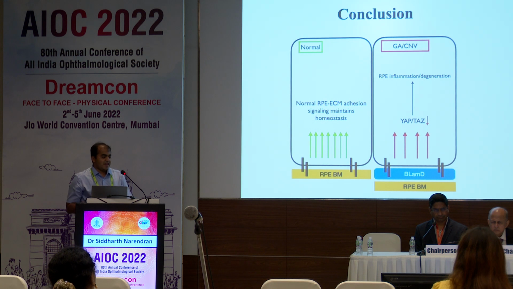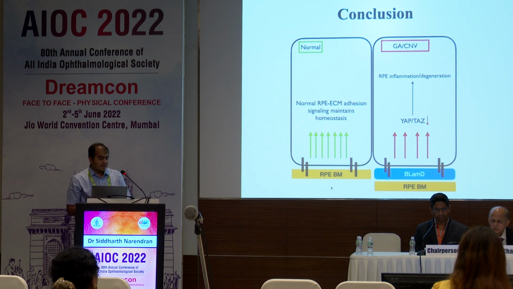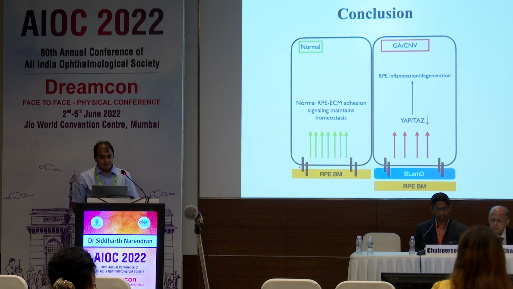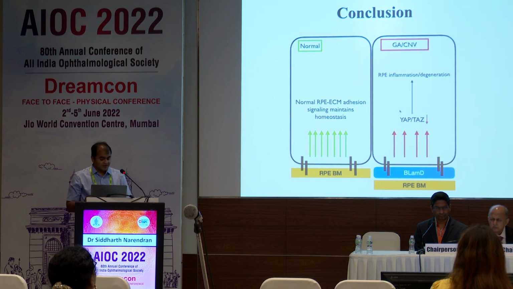So by using a gamut of in vitro and in vivo systems, we find that normal RPE extracellular matrix or basement membrane adhesion signaling is required to maintain homeostasis, and sub-RPE deposits disrupt this signaling, leading to RPE inflammation, degeneration, and neovascularization.